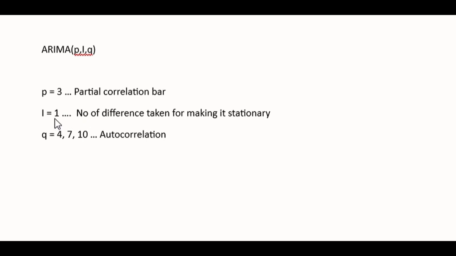So one represents this factor. Q represents autocorrelation. It represents the moving average in ARIMA model, and it is extracted through autocorrelation. Bar number 4, 7 and 10 are out of range.